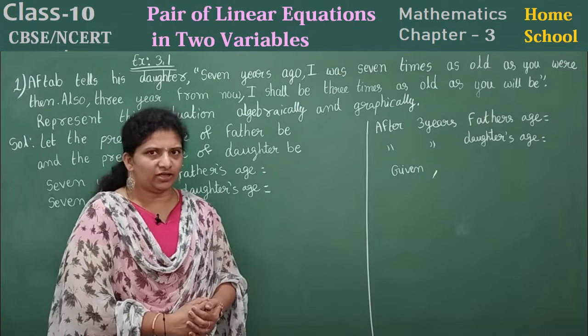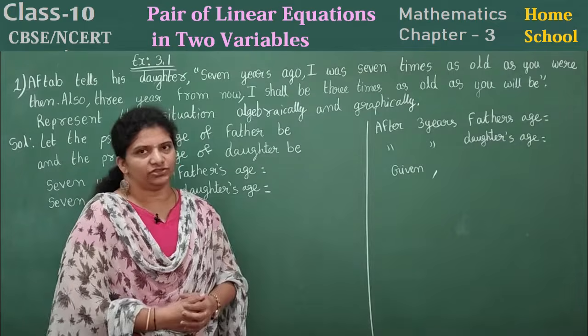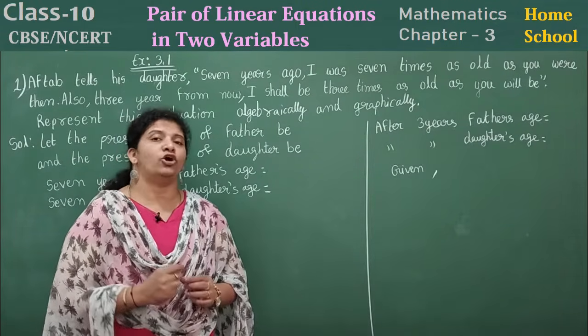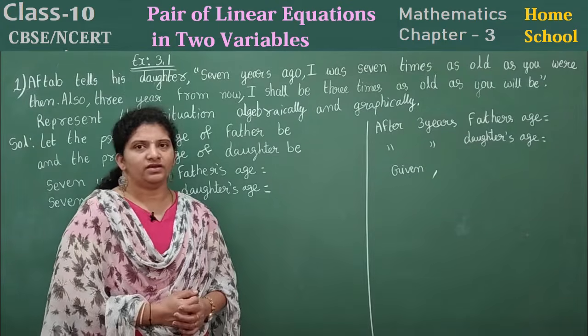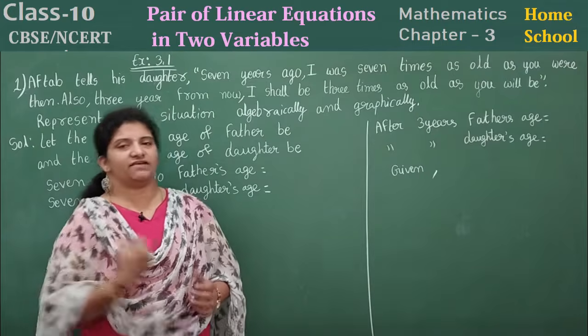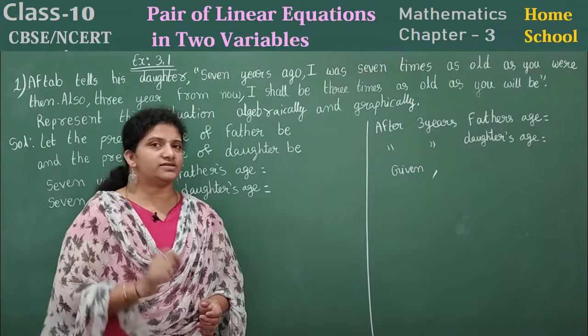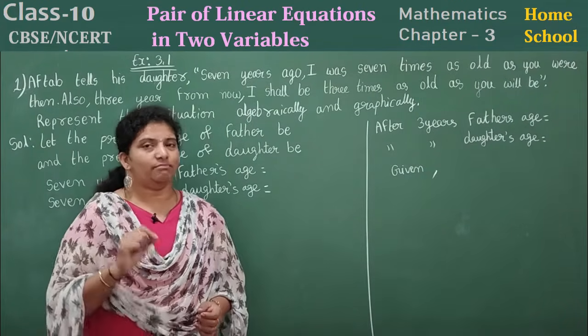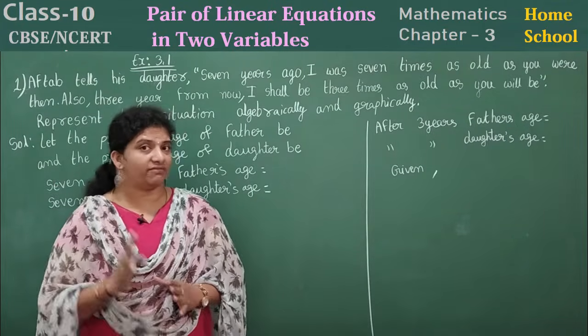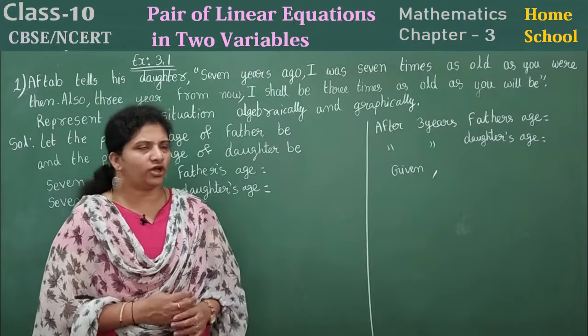A little confusion there in the question, so I'll clear your confusion. Let the father's age be X and the daughter's age be Y. 7 years ago means X minus 7. Daughter's age also 7 years ago, Y minus 7. Okay, he is talking about 7 years ago.